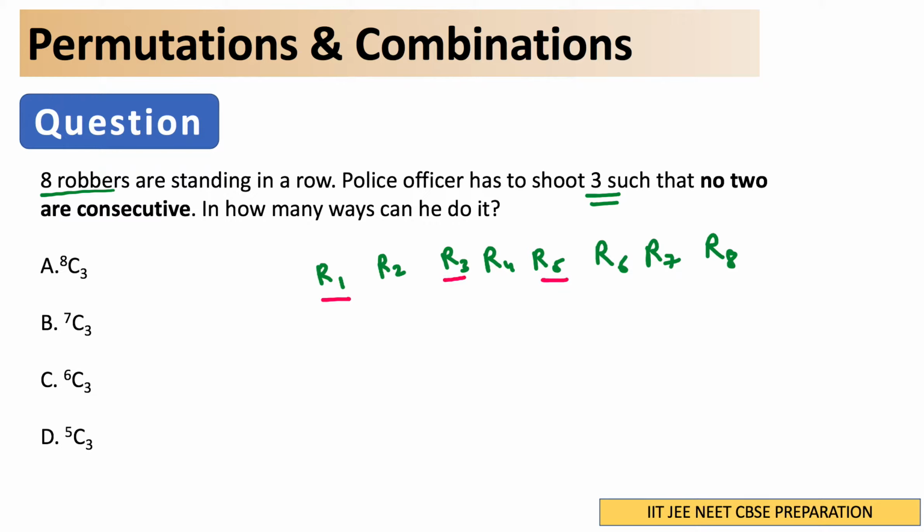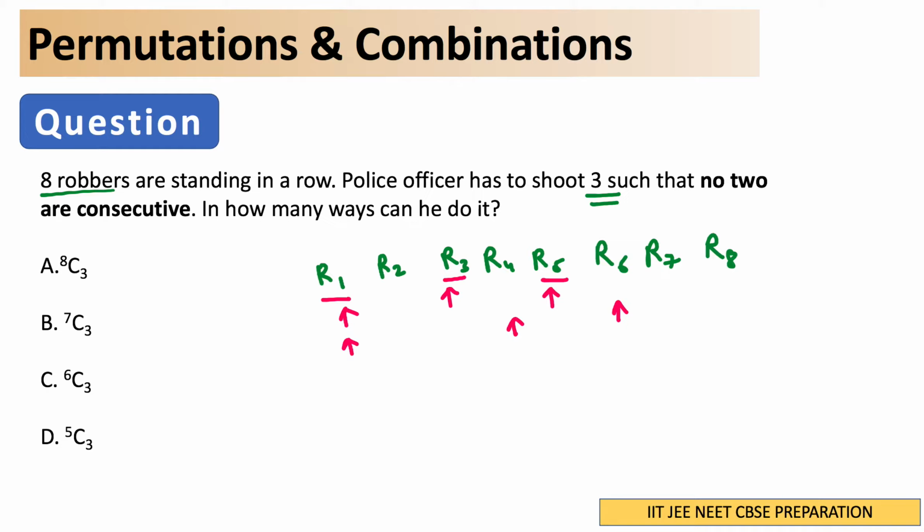In this case the 3 robbers that he will be shooting are not consecutive. Similarly, you can select R1, R4 and R6. In this case also the 3 robbers are not consecutive.